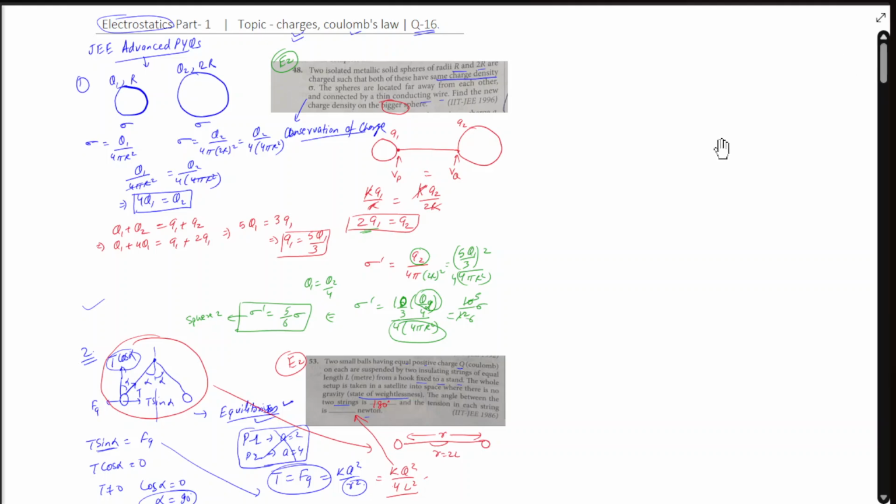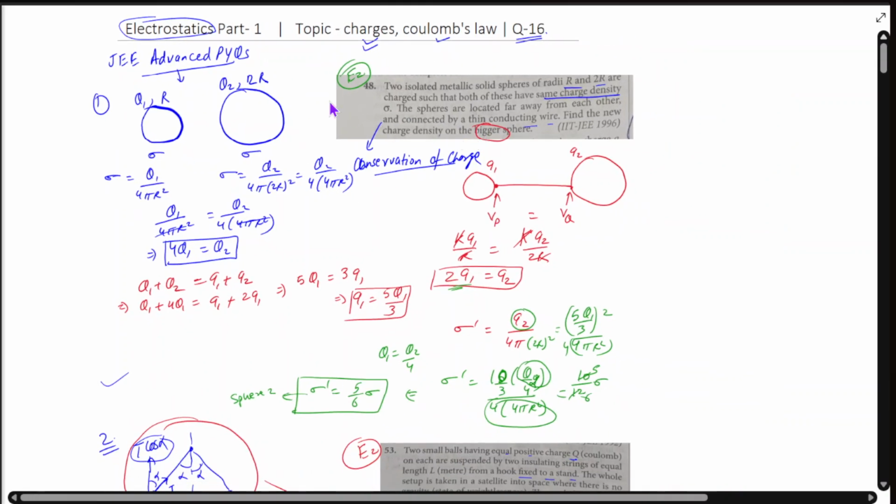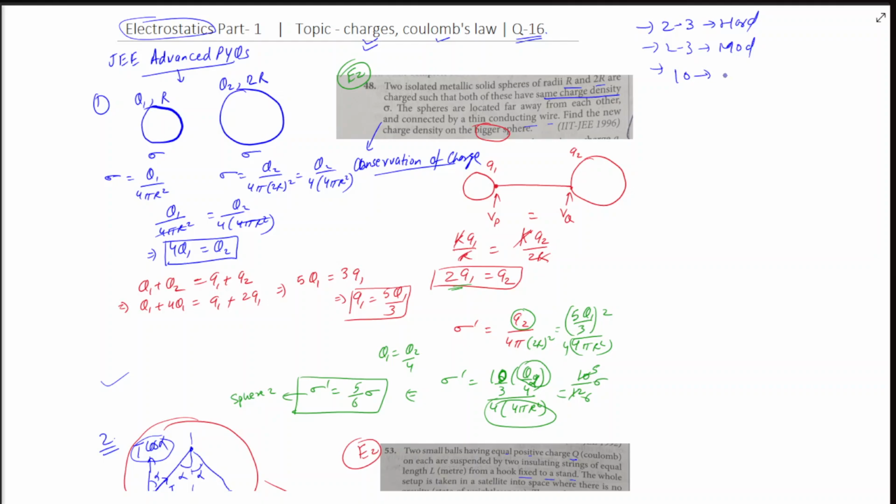So if I summarize, in these 16 questions, 2 to 3 were hard, 2 to 3 were moderate, and others, like say 10 questions, were easy, right? So it will always be like that. Don't worry about it. The JEE Advanced will be very easy.